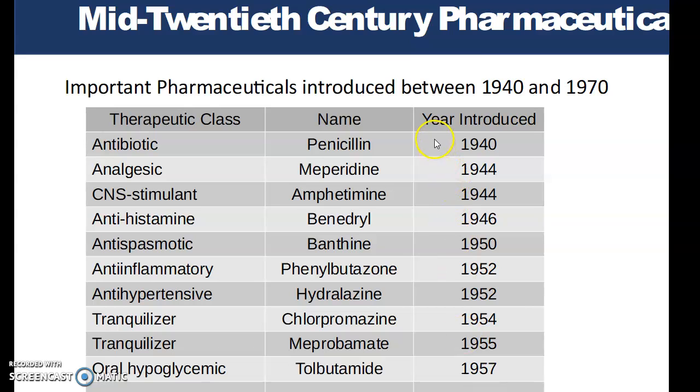So all of these were introduced, and this was really the start of having a lot of chemicals as pharmaceuticals. And the only difference between a chemical and a pharmaceutical is the amount of information associated with it. If you build up your information in terms of the safety profile and the way in which it interacts with the body, that's what it takes to take a chemical to become a pharmaceutical.